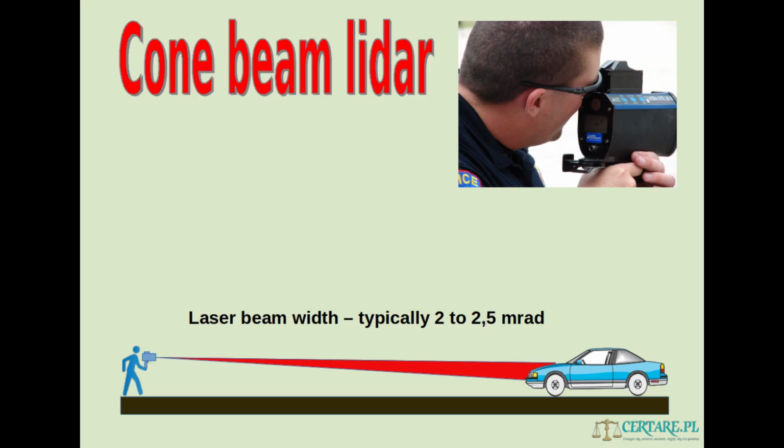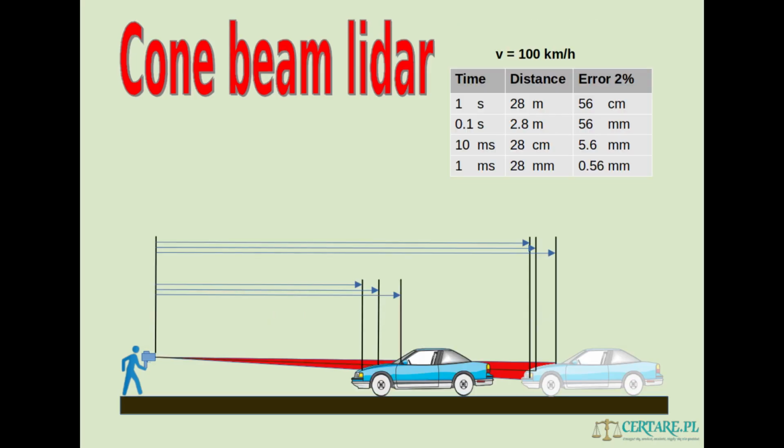If there is some error, meaning that the first distance is from one object and another distance from another object, obviously the speed is completely wrong. However, there is also a problem if one distance is from one part of the car and the other distance is from some different part of the car. That also will create a wrong speed measurement, depending on what time period we used between these two impulses, between two distance measurements.